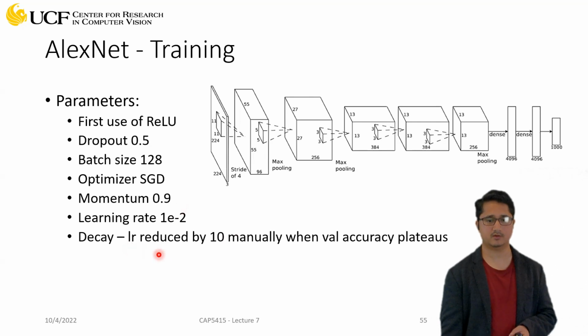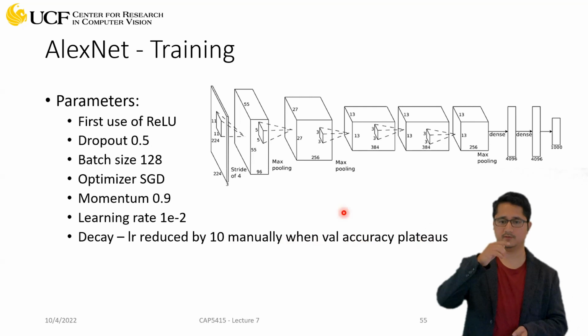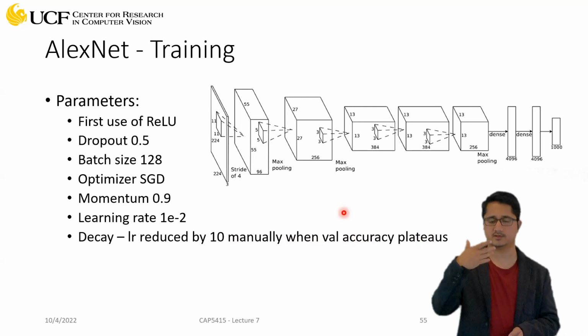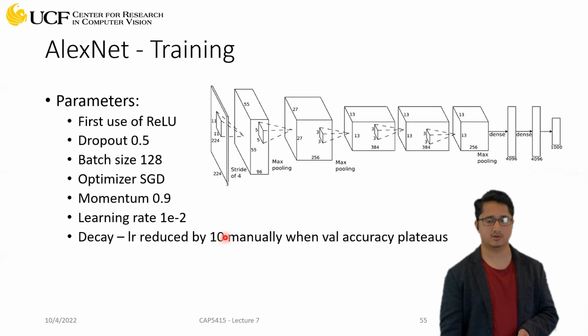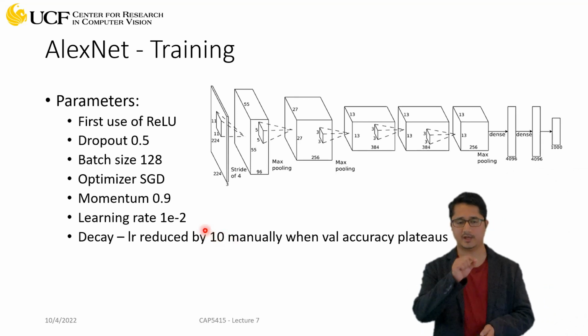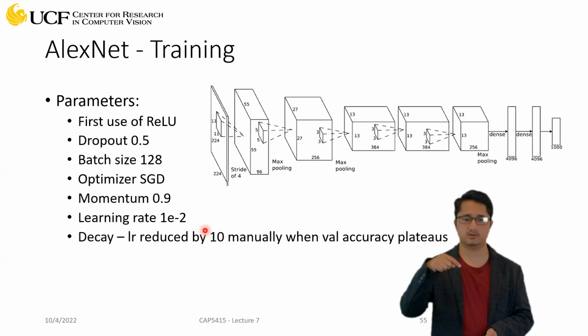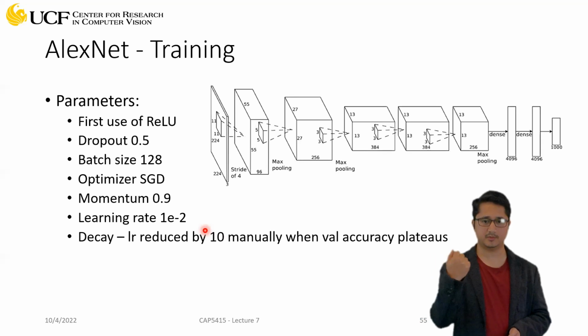And the decay for learning rate was reduced by 10 manually after the validation accuracy plateaus. What this means is you observe the validation loss, or you can say accuracy. And if it's not changing, they were reducing the learning rate by this amount. So the idea here is, as you go closer to your local optima, you don't want to just keep jumping around that point, right?